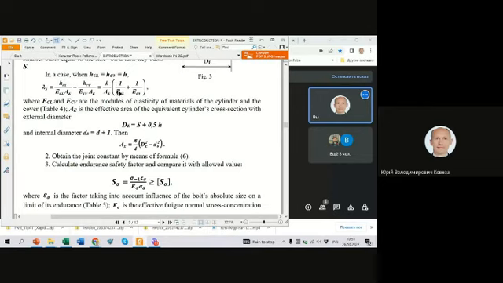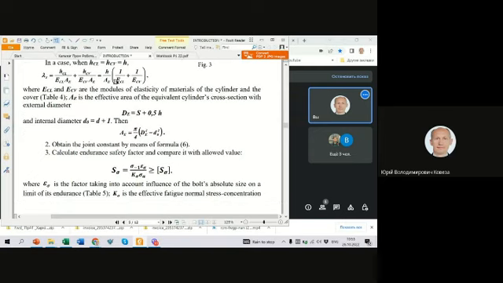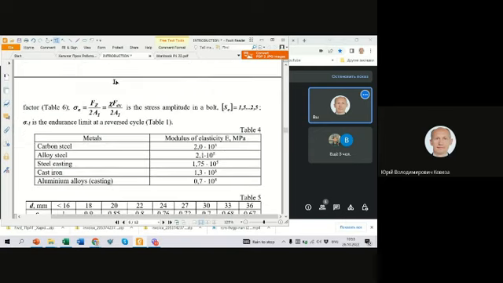E we can take from table number 4. If your material, I mean the material of the cover or cylinder, is steel, in such a case you should take the value 175, not 2, not 2.1.